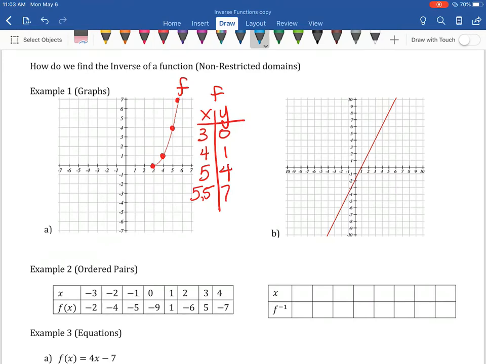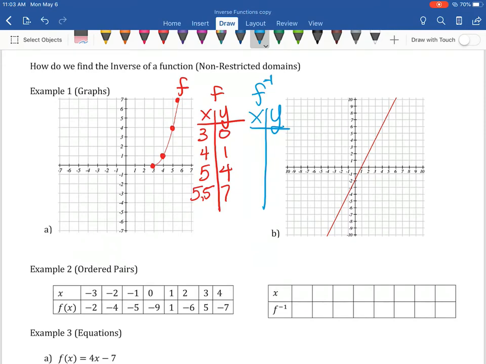Now the notation for inverse looks like a little -1 where we would normally have an exponent. So to find the inverse, I'm going to do that in blue. We literally are switching the x's and the y's. So when I look at the points labeled in red for my f function, we have the point (3, 0).